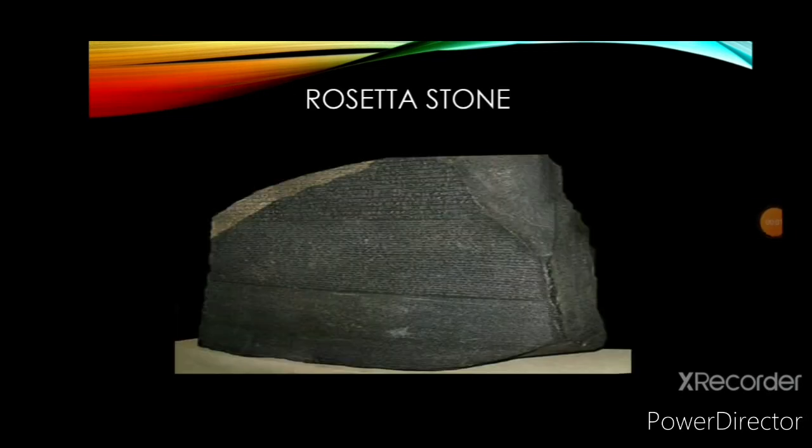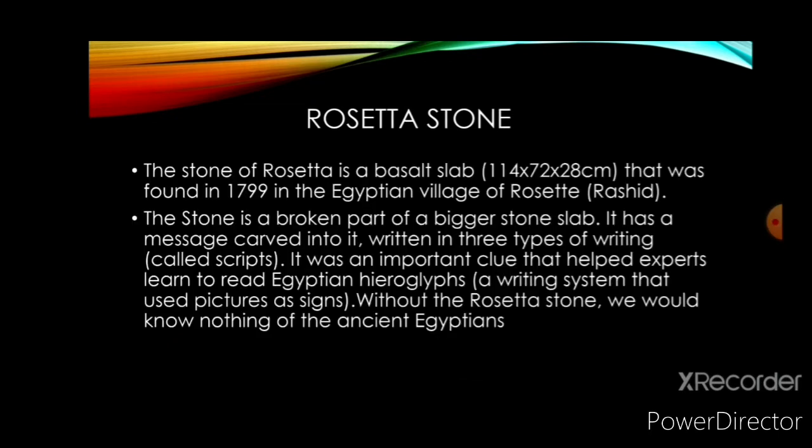Now moving on to the next slide, that is Rosetta Stone. It has a very extreme archaeological importance. The Rosetta Stone is a basalt slab that was found in 1799 in the Egyptian village of Rosette. The stone is a broken part of a bigger stone slab.